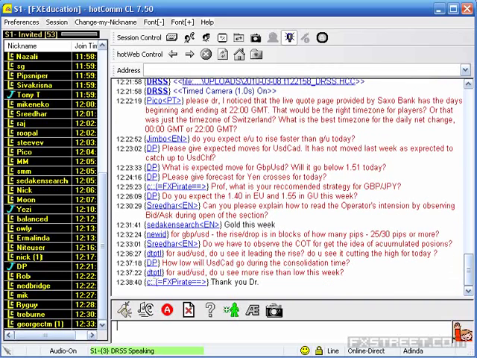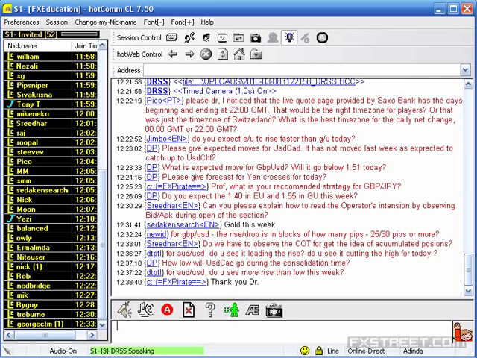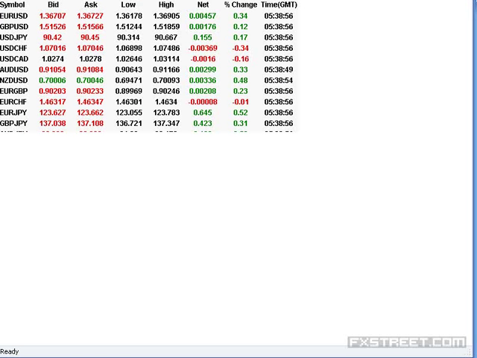Then Sridhar, can you please explain how to read the operator intentions observing bid ask during open of the session? Okay. Now, as far as the bid and the ask positions are concerned, you see that red and green colors appear alternatively.